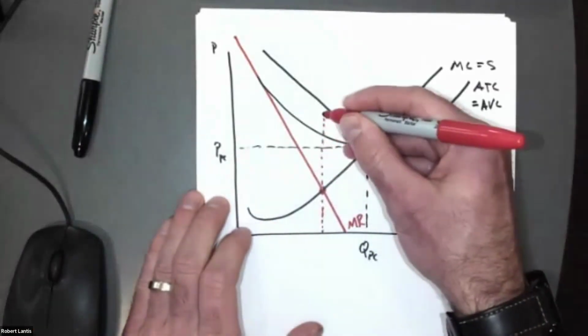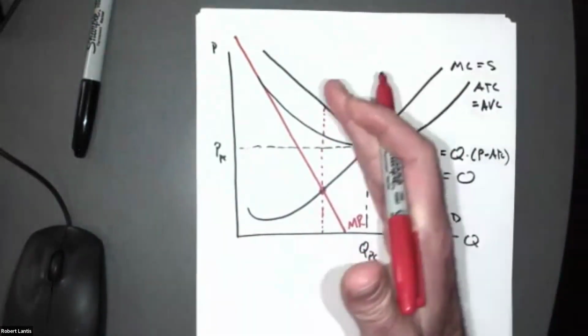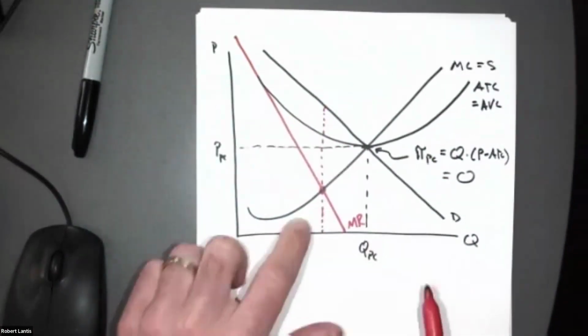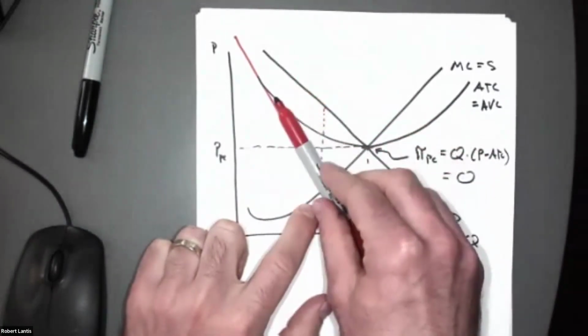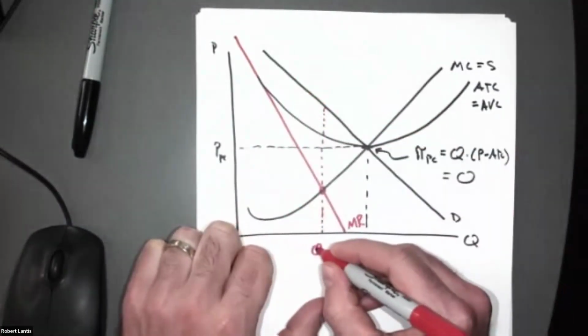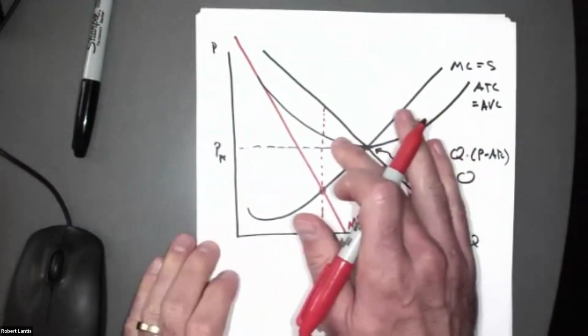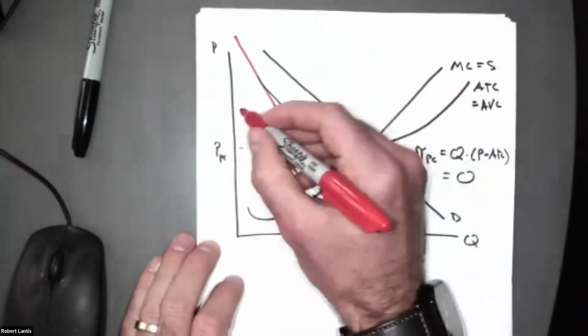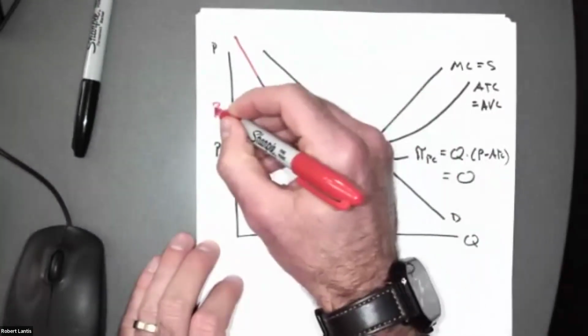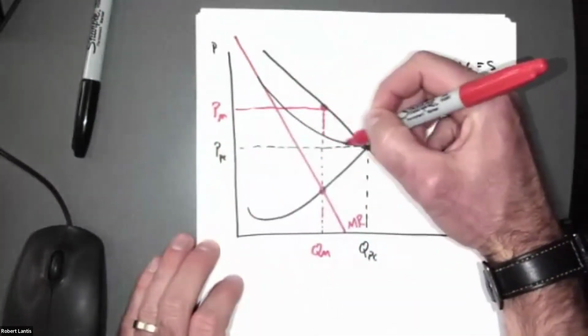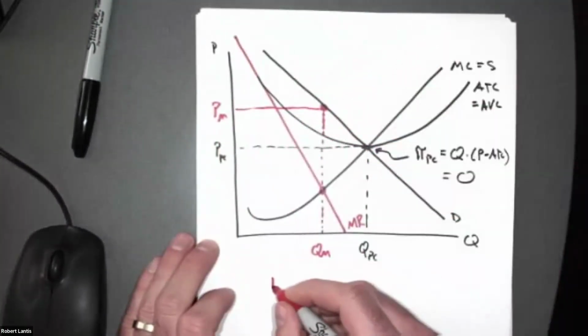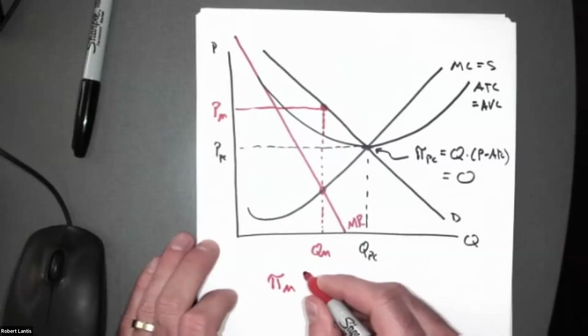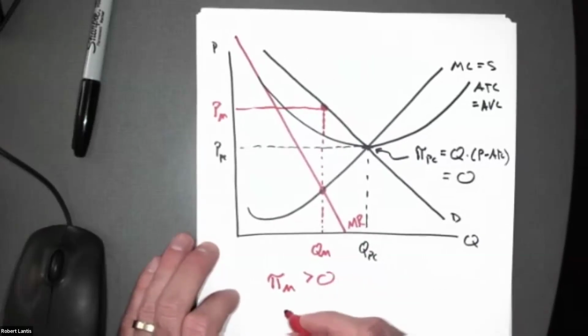For the monopolist, because they face this twice as steep marginal revenue curve, the quantity they choose is going to be a little bit lower, but at every point past here, notice the price that they can charge, or the point where we're at on the demand curve, is above our average total cost. So the profits for a monopolist will always be positive, right?